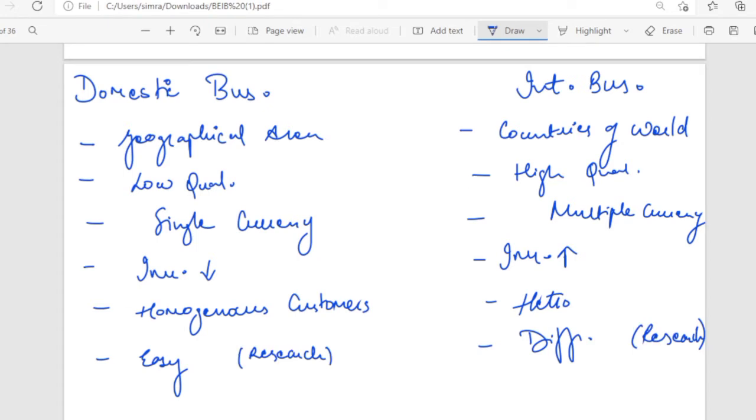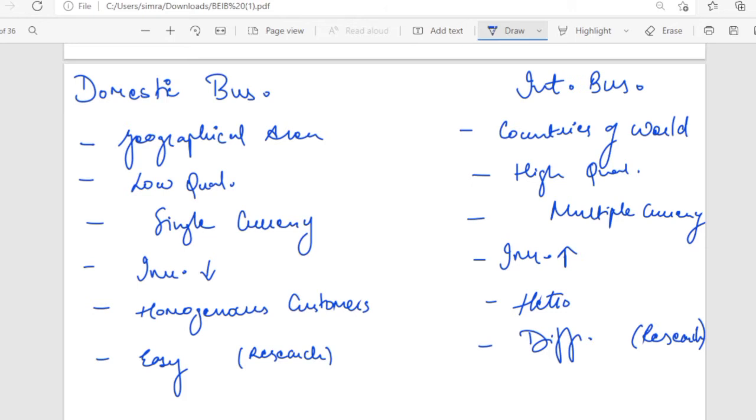Now here I have written some points of domestic business and international business, how they are different and how they are similar. You need not write it in your notes because this is not asked in exams, but I have written it to give you an idea of the basic difference. Here I have mentioned geographical area.